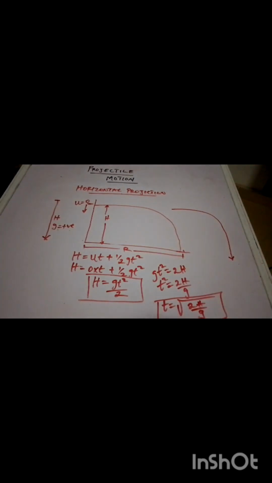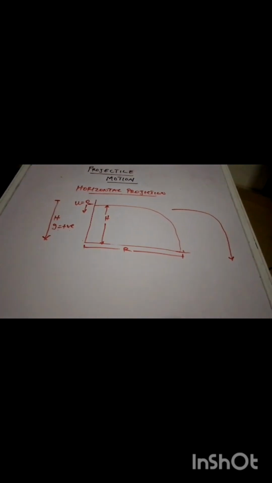So the next thing we want to look at is our range, which is our r. Now for horizontal projection, we have our u. There's a u here because there's no angle theta. That's why we are not saying u sin θ or u cos θ. The object is just horizontal, so it's not projected at a certain angle to the horizontal.